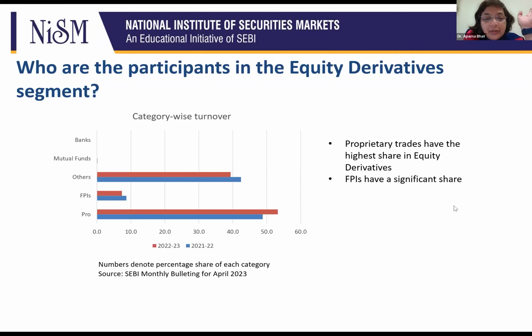The proprietary traders have the lion's share, and even the retail investors and HNIs have quite a big share. But the domestic institutional investors, that is the DIIs, have hardly any share in the equity derivatives market. So that is regarding the participation.